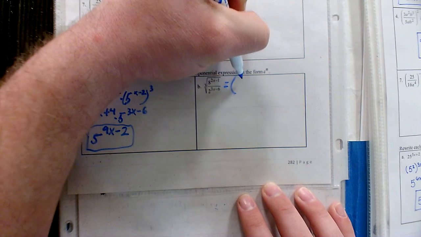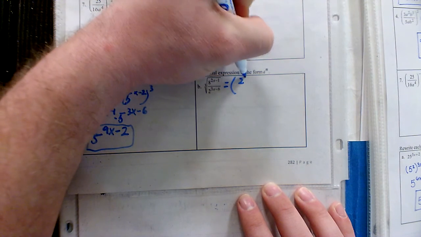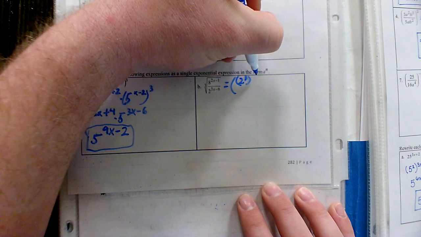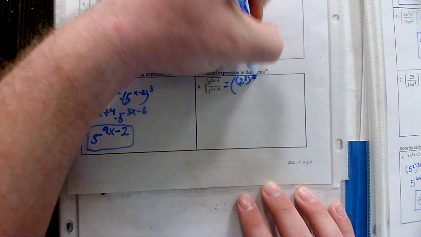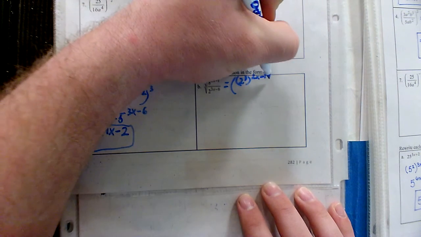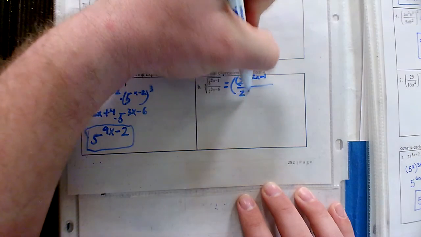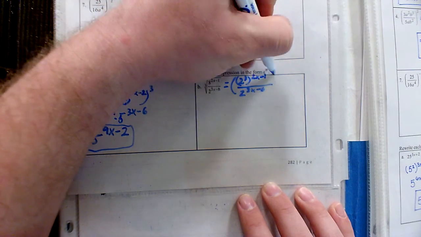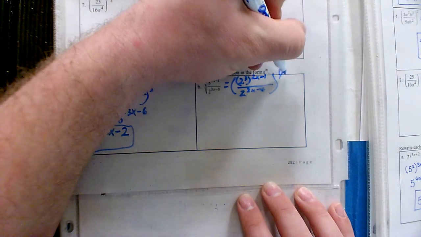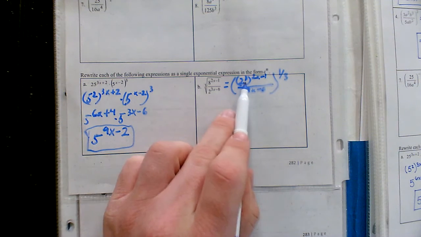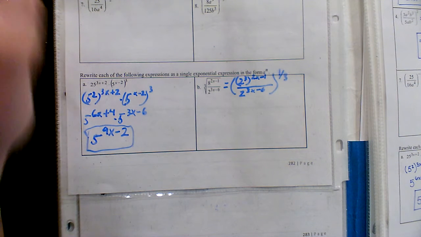So I'm going to have 2 to the third, still to the 2x minus 1, and then over 2 to the 3x minus 6, all raised to the 1/3 power. So I changed the cube root to a power and changed the 8 to a 2 cubed.